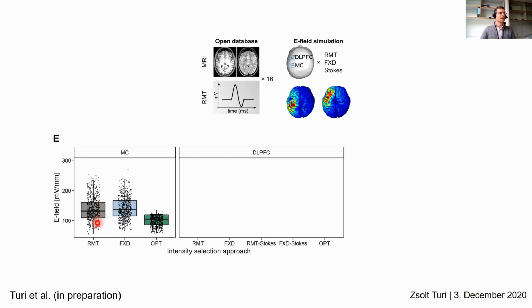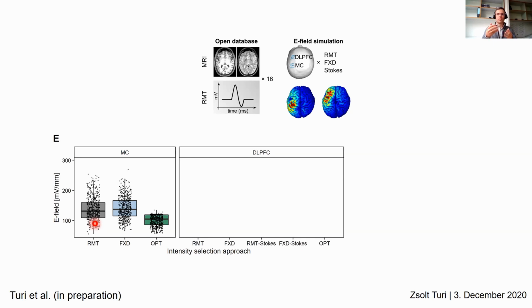As you can see here, both conventional approaches produce highly variable electric field strength. Of course, this is a little bit biased by the fact that we've got different locations and different spherical ROI sizes, but the most important thing is that still the inter-individual electric field strength variability is quite large because participants have different resting motor threshold intensities.